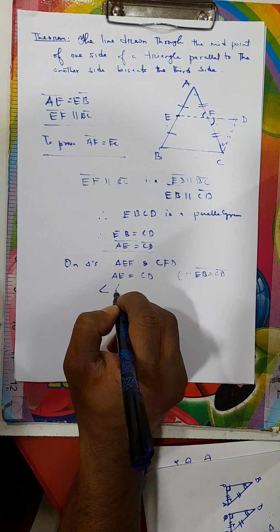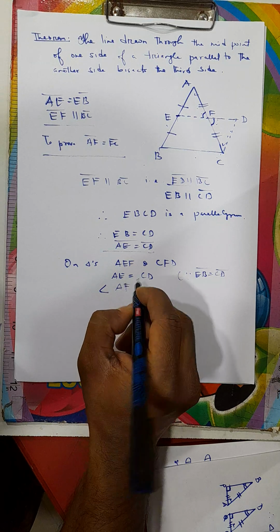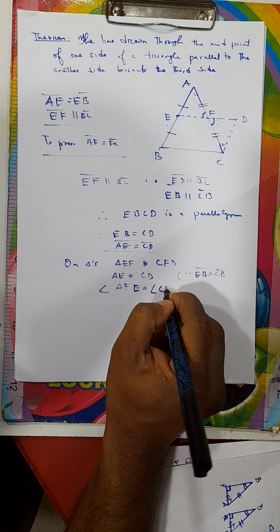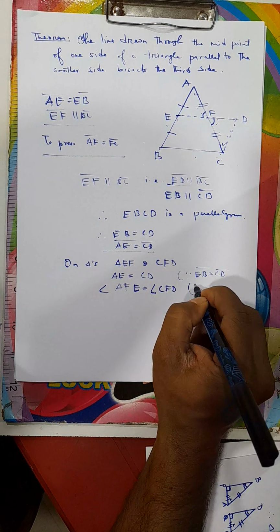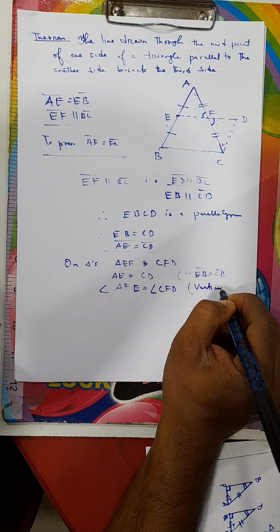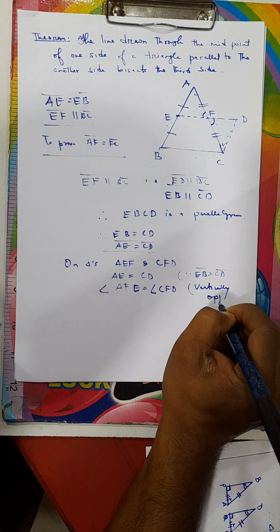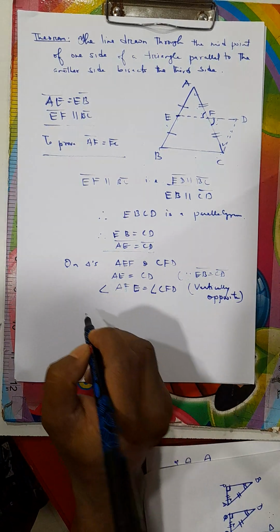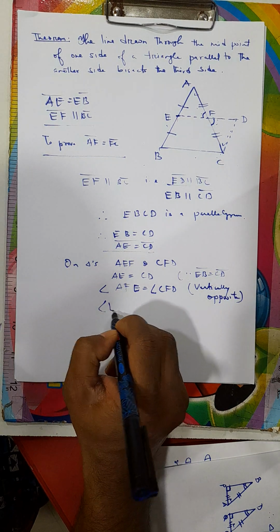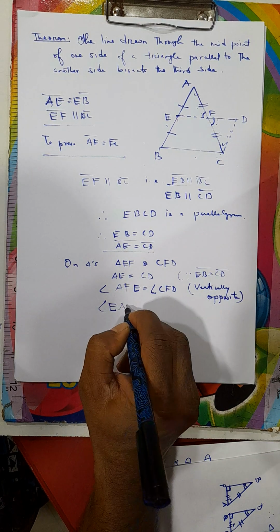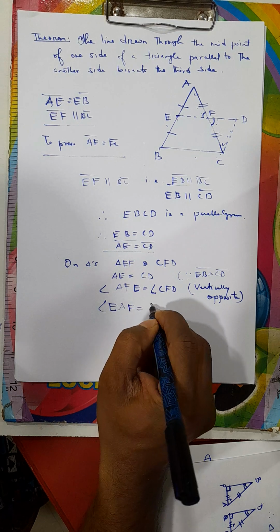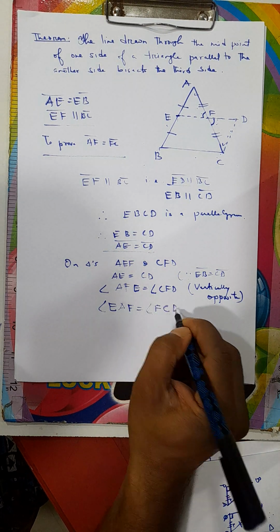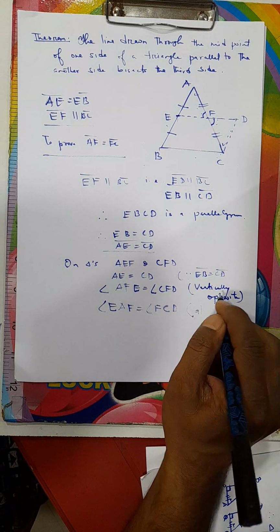Then angle AFE equal to angle CFD. They are vertically opposite. Vertically opposite angles are equal. Then angle EAF equal to angle FCD, alternate angle.